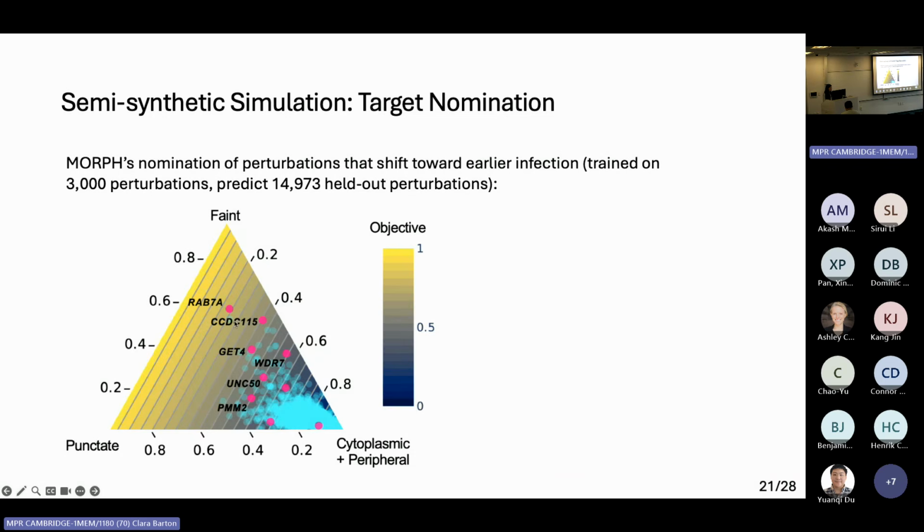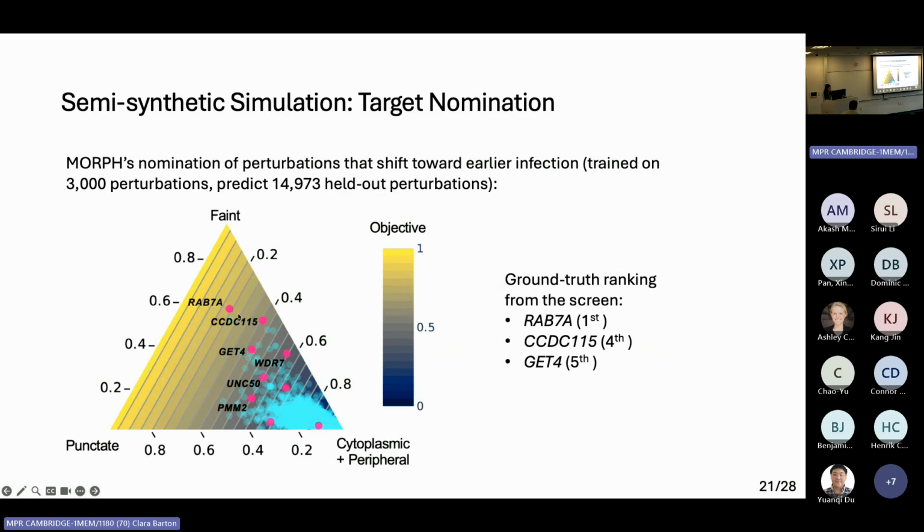And I'm annotating here the top 10 targets predicted by MORPH, just trained on the 3,000. And you can see that some of the targets predicted to be top by MORPH are actually ground truth very top here, having very high objectives. In particular, these are RAB7A and CCDC115.